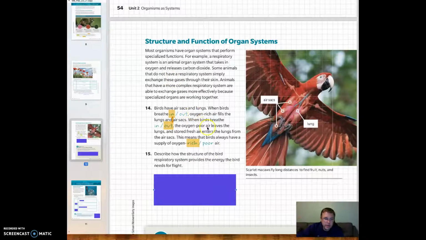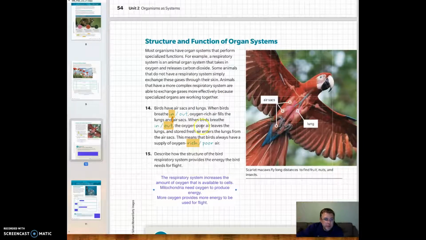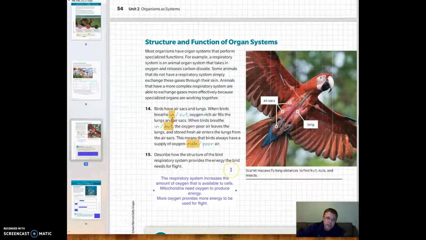Okay, so 15 goes right along with this. Number 15 says, describe how the structure of the bird respiratory system provides the energy the bird needs for flight. Okay, so the respiratory system increases the amount of oxygen that's available to cells, because we're constantly bringing more oxygen into the lungs.